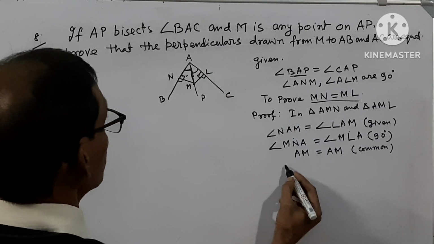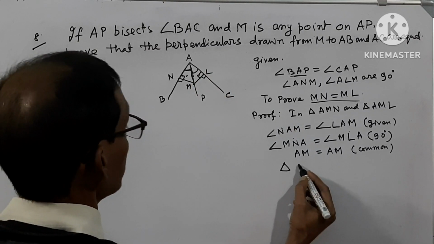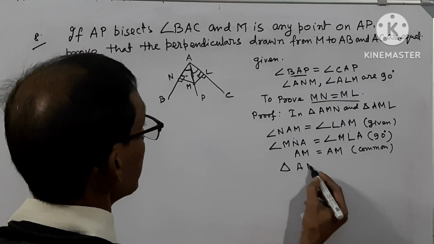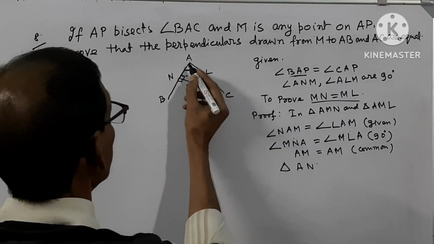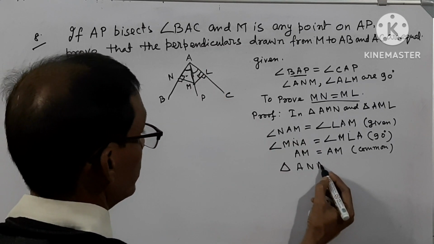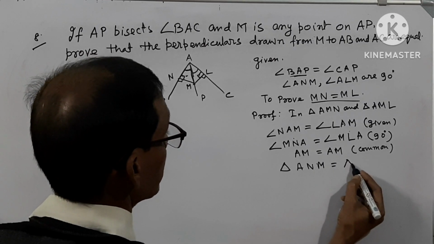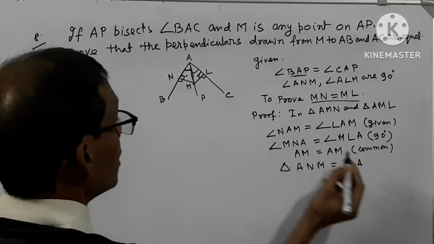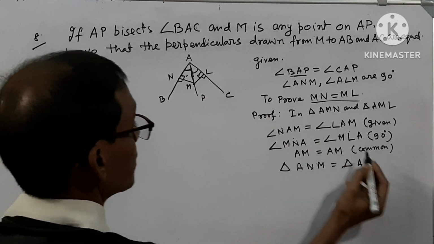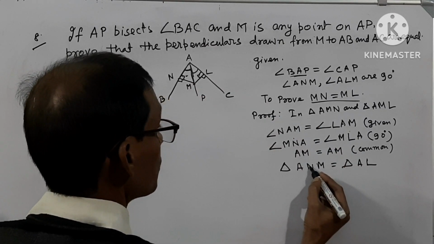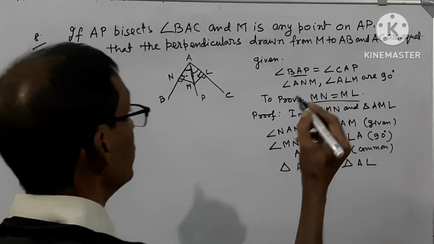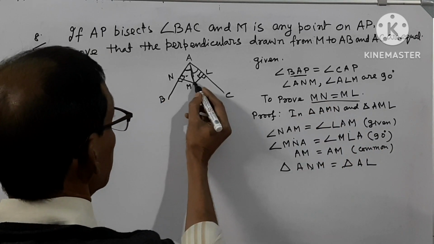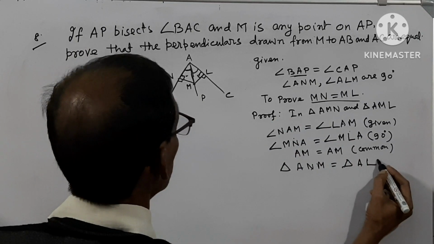Now you can find out triangle ANM equal to triangle ALM. N is 90 degrees, so L is 90 degrees, corresponding to N, L will be the 90 degrees, and M is the common point.